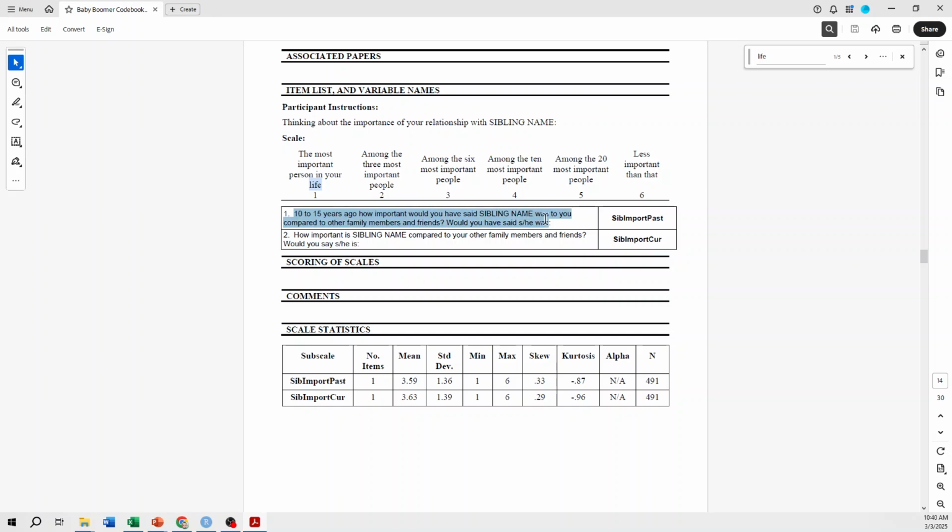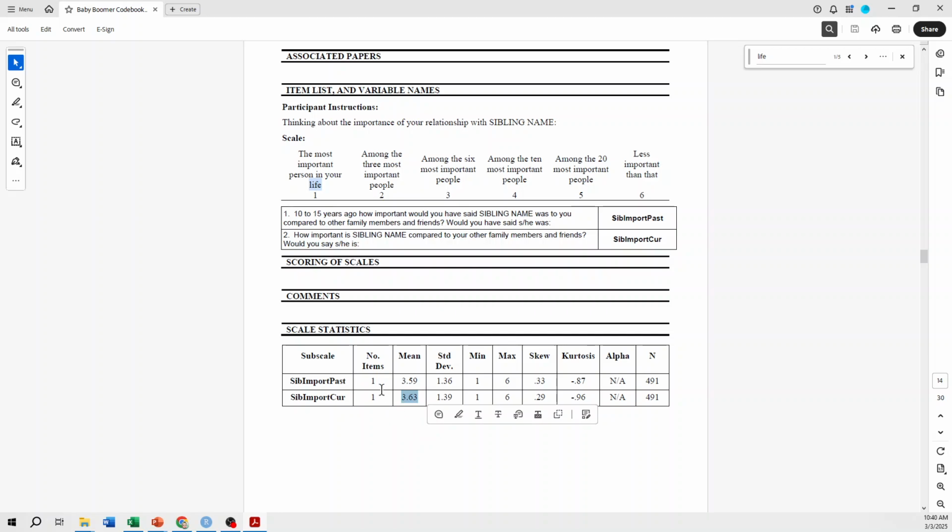So 10 to 15 years ago, how important was your sibling? Lower numbers here would be, one would be the most important person, two among the two most important people, three among the three most important people, those kind of things. And is that changing from what it was to what it is now? We've got these two means, but again, is that changing over time?